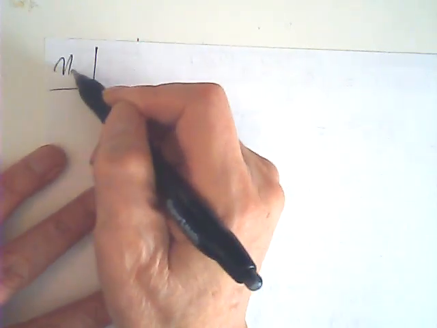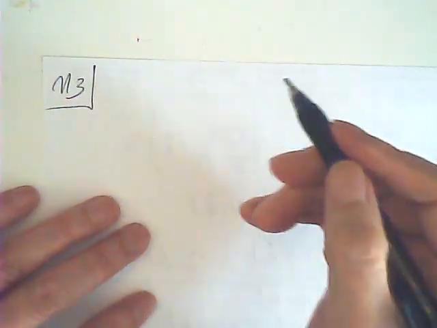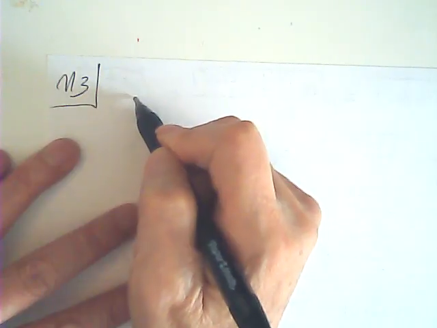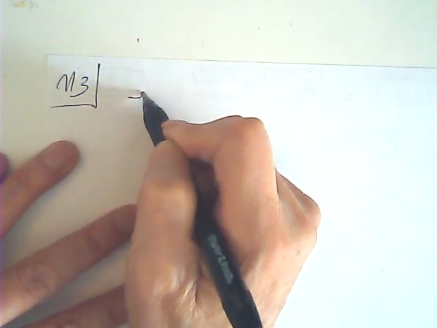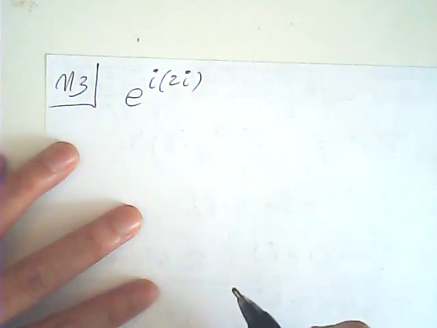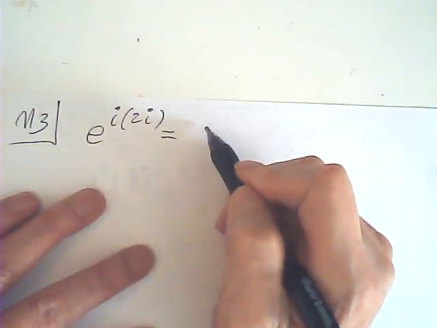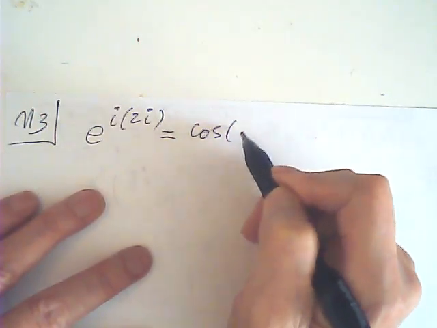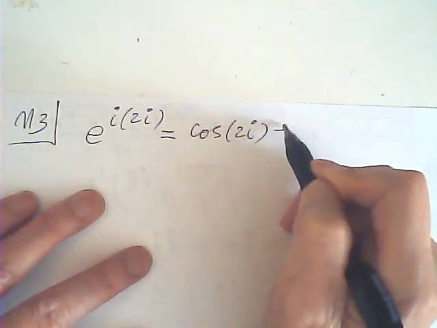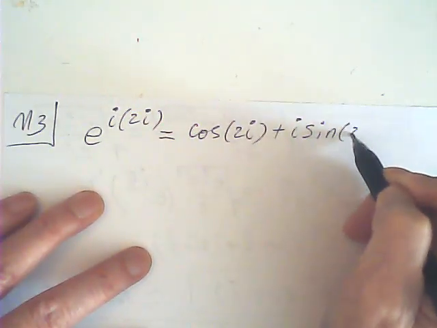Okay, method 3. Method 3 is this. e to the i 2i, by Euler's formula, this is equal to cosine 2i plus i sine 2i, right?